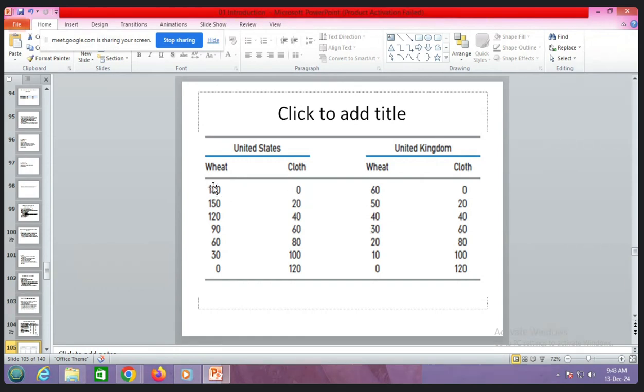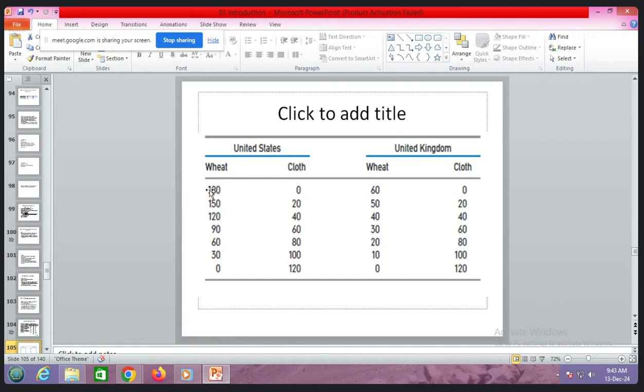Suppose it produces all wheat with its given resources. The maximum quantity that it can produce is 180 bushels of wheat. Let's not use any specific unit term. Let us say it is 180 units.